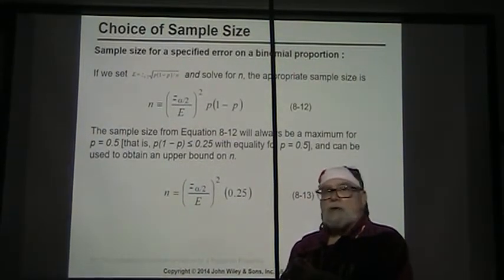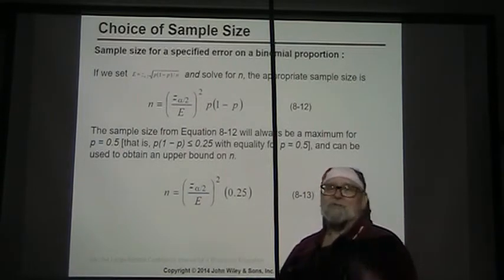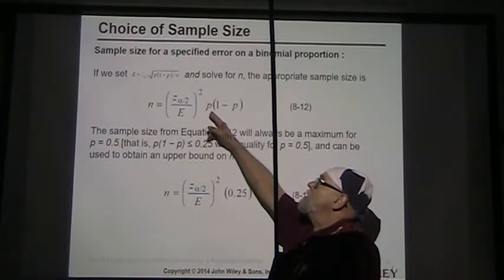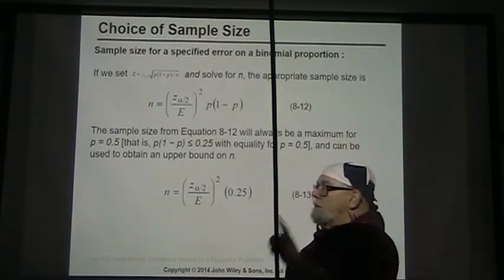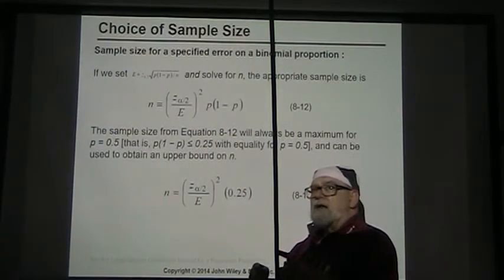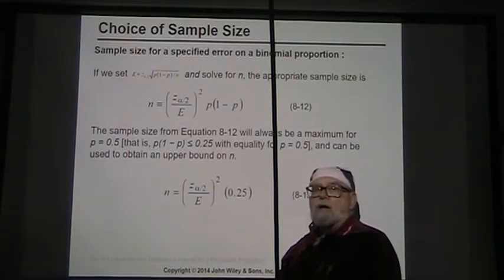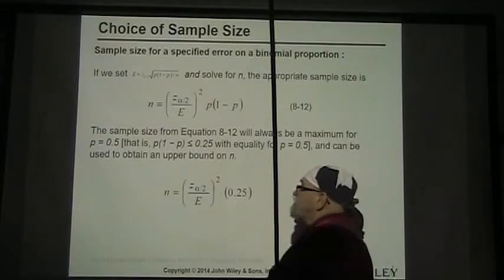Okay, how could we make it simpler than that? Well, of course we could. Now, the thing about P times the quantity 1 minus P is that it has a strict limit on how big a number that can be.